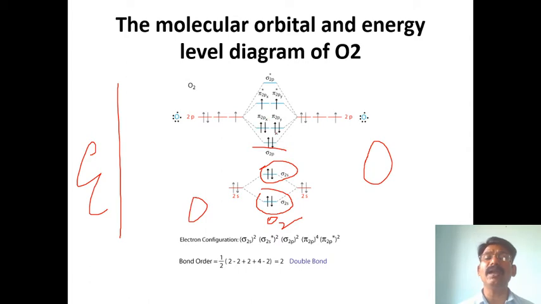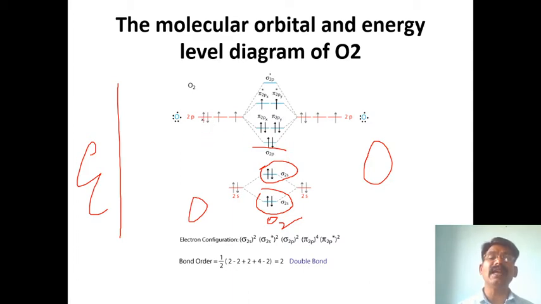Total 4 electrons are occupied at pi 2px and pi 2py. So total 6 electrons are bonding electrons in the 2p level.